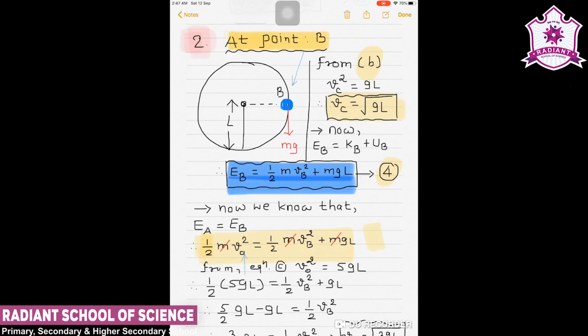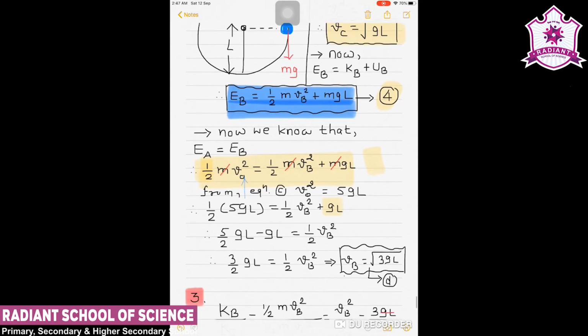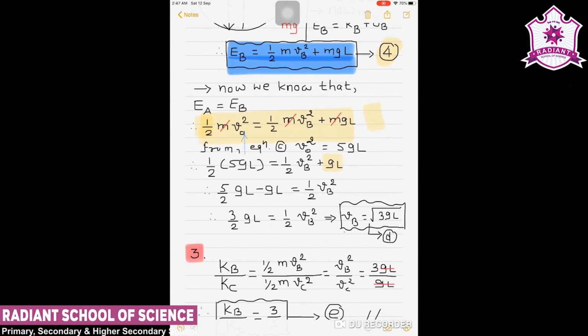Now taking the gl from the right hand side to the left hand side, we can write 5 by 2 gl minus gl is equal to 1 by 2 vb square. If we simplify, we get 3 by 2 gl equal to 1 by 2 vb square.